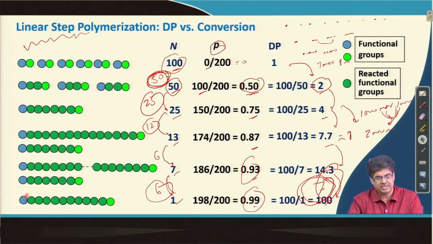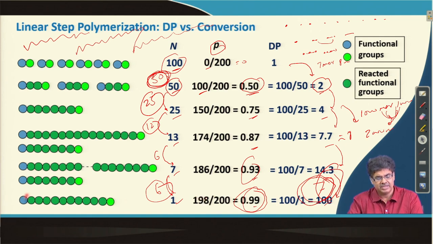So what I am telling is that when conversion is around 0.99, or when the reaction is about to complete, in your reaction mixture there are very big molecules, big chains, big oligomers. When these chains react with each other, the degree of polymerization will increase very high.